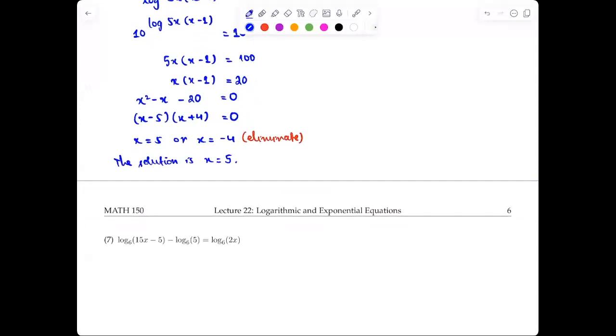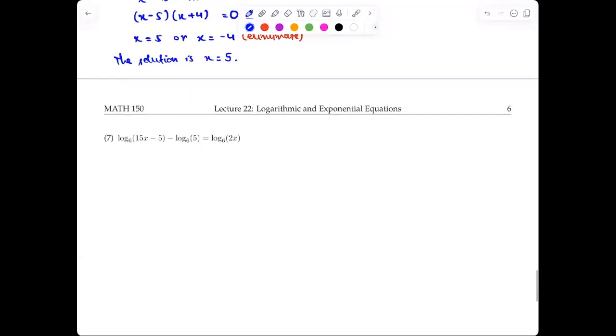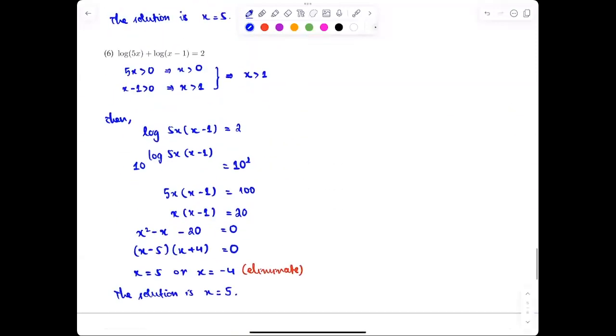All right, one more problem. All right. So any questions on number 6? You follow? Yes. No, not always. It depends on the domain that you have. Okay. It just happened that it appeared that it is always the negative number.